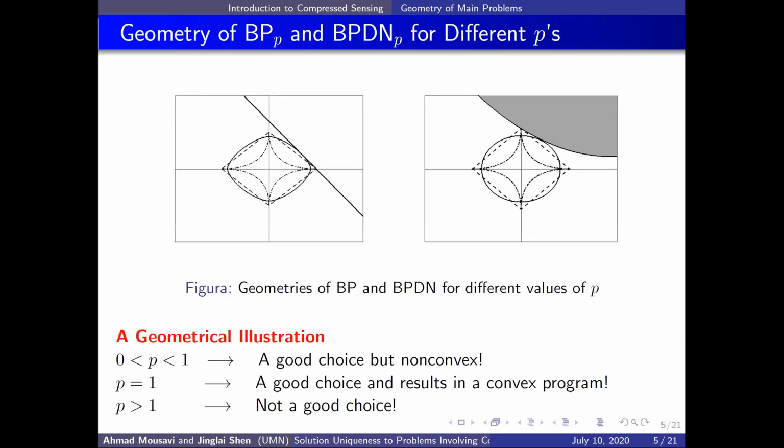The issue is that you do not necessarily have a unique solution. P between 0 and 1 is non-convex, so recently people are going through that, and P bigger than 1 doesn't give you good results. And actually we could show with Dr. Shen that basically all the components are going to be non-zero except from a measure 0 set.